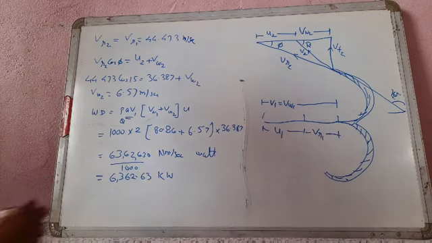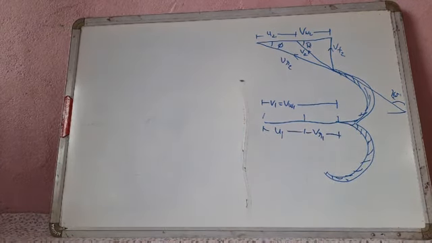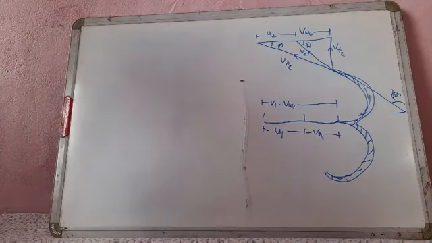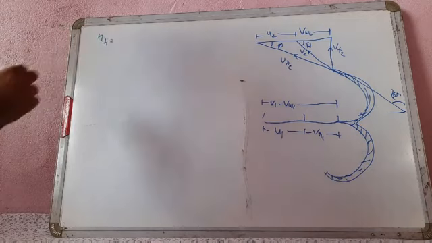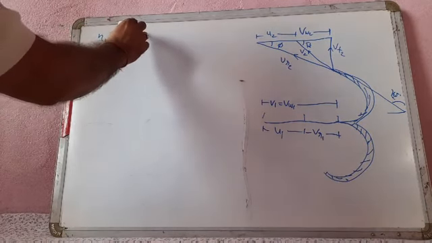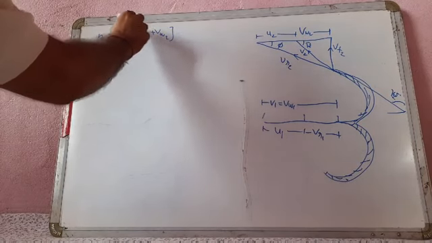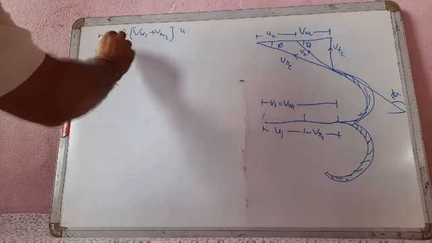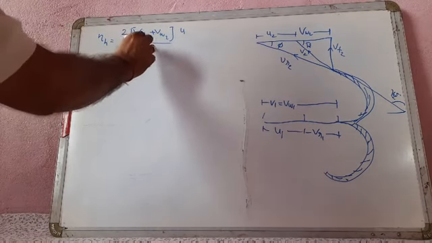Kilowatt is the power. And now we have to find the hydraulic efficiency. Here, hydraulic efficiency, eta hydraulic, equal to 2 (Vw1 plus Vw2) into U divided by V1 square.